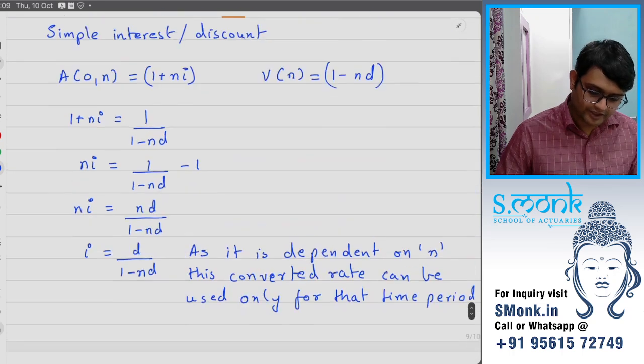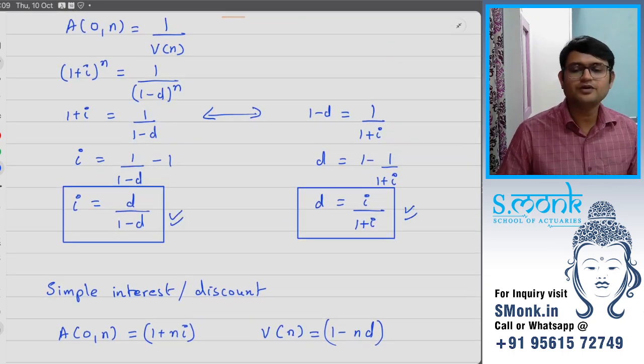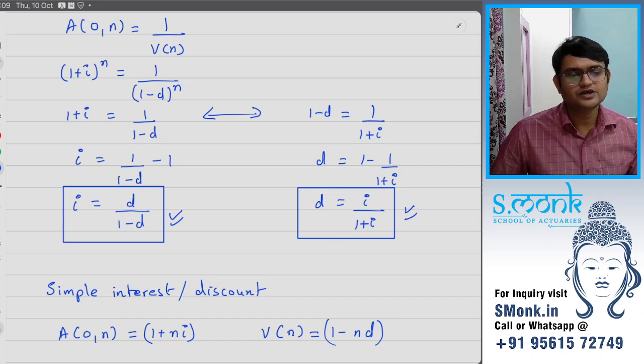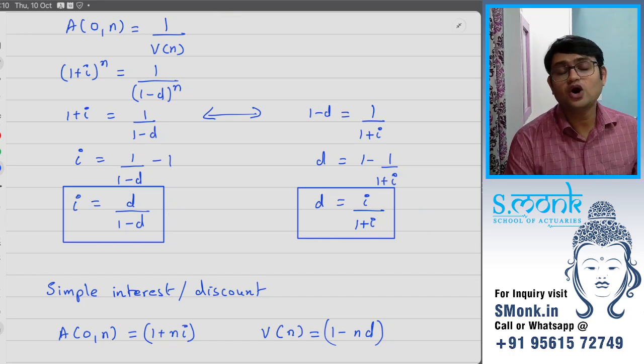Okay. But these compound rates, you will have to remember them as formulas, because it is very useful. We use them a lot throughout CM1, CM2, every course where we are using interest rates, you will be using these conversion rates. Now before we move forward, there will be a lot of formulas throughout the course.